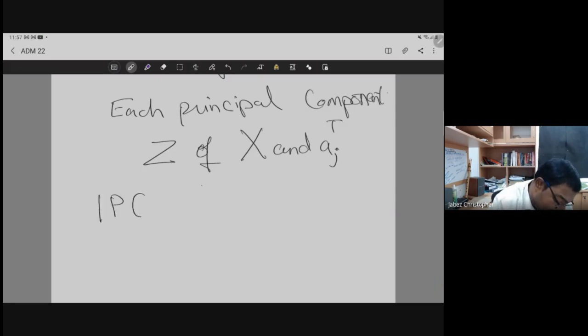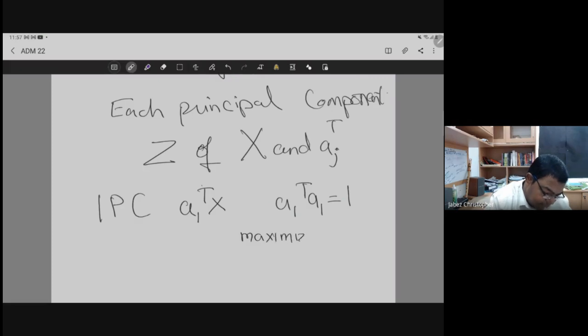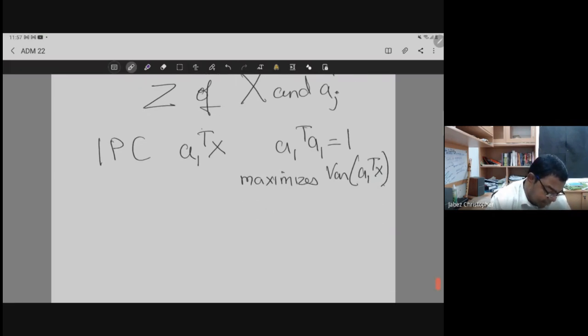The first principal component, that is Z, is associated with the transform A1t of X, subject to A1t, and which maximizes the variability, which maximizes the variance. So this is for the first principal component.